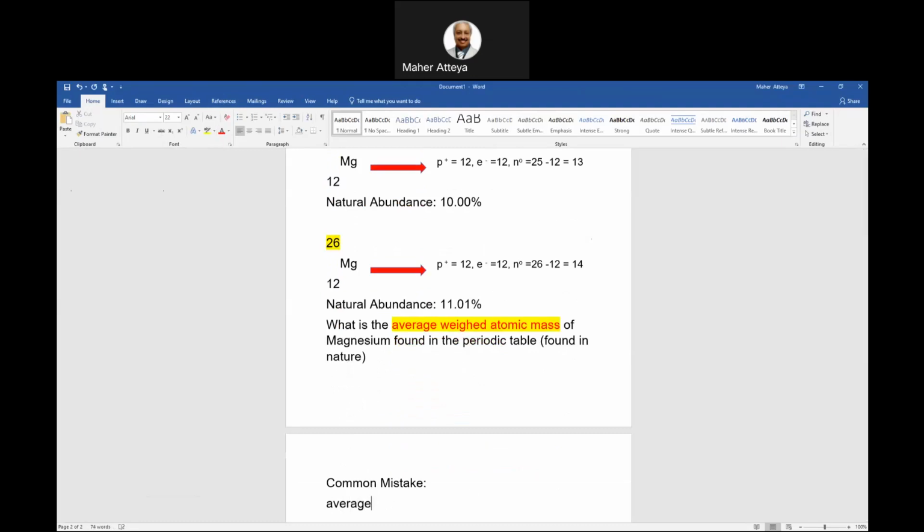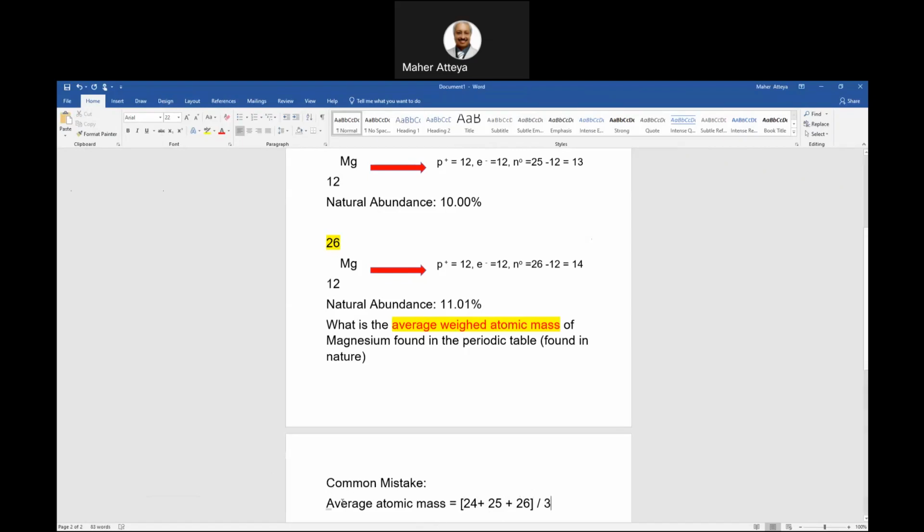Average atomic mass would be equal to 24 plus 25 plus 26, the whole thing divided by 3.